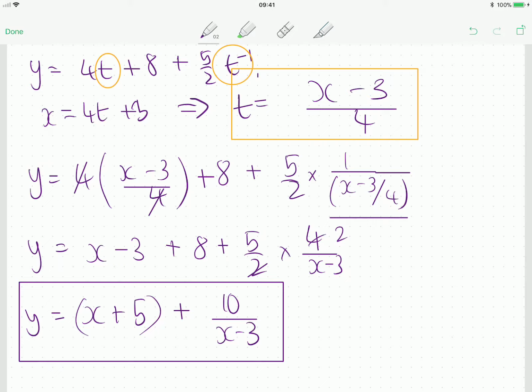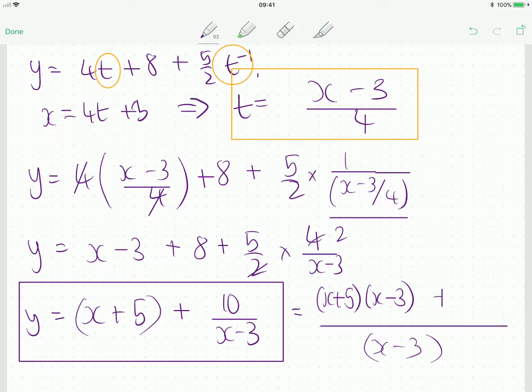How do we do that? Well, I need a common denominator. That's x take away 3. Build my algebraic fraction like so. Got a common denominator, wrote it as a single fraction.